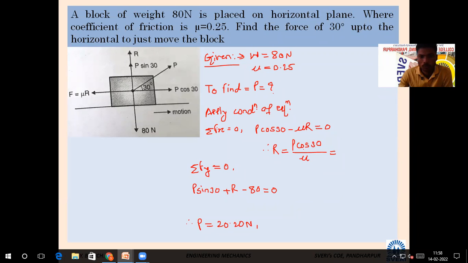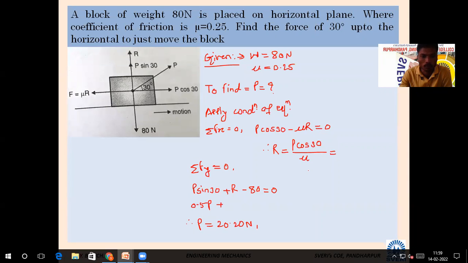Same method, only we have to put different values. Sin 30 is half, so 0.5 P plus R. What is cos 30 divided by mu? Just check that value.